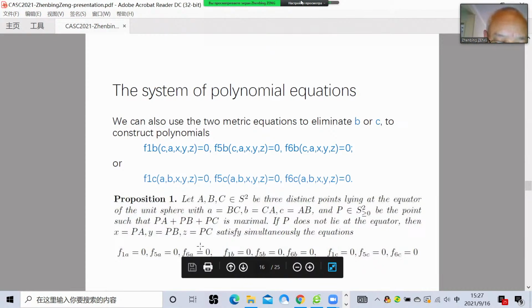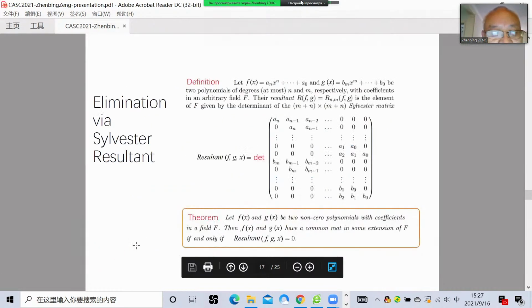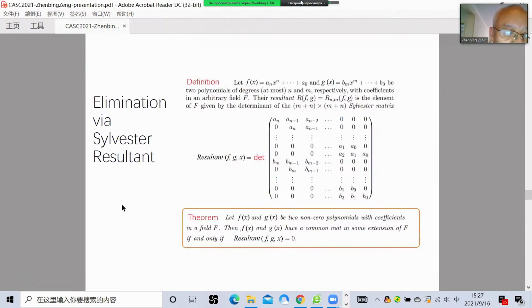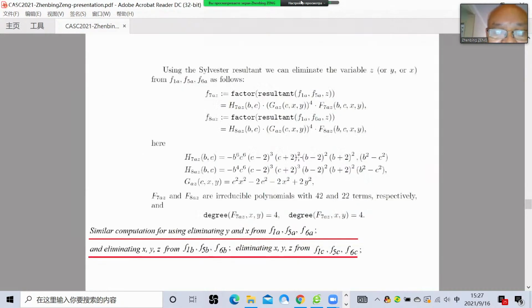Actually 3 are enough, but if we get 9, it can probably help us solve the equation system. Here we just show how to use the Sylvester resultant to eliminate one variable from 2 polynomials. This is a very classical result. We just go to the next page. Then we show some paths of elimination.